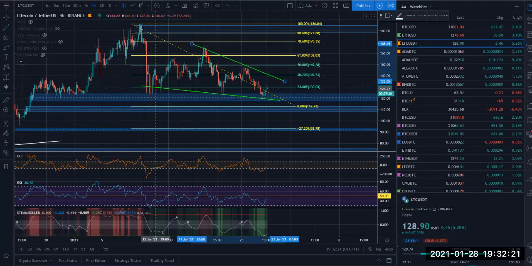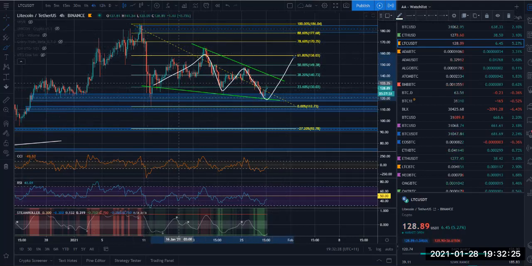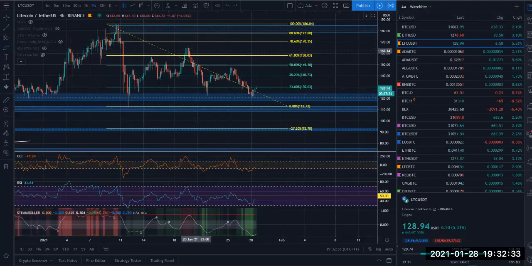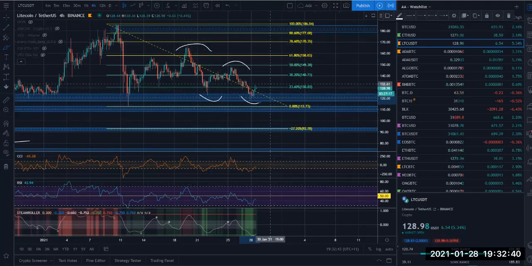Ideally, in an ideal world, I would like to see something like that. But being a little more realistic, this is probably what we're going to see, and head back down towards that 110 zone on LTC again, because we're not making any signs of higher highs here at the moment. We're making lower highs and lower lows at this stage.